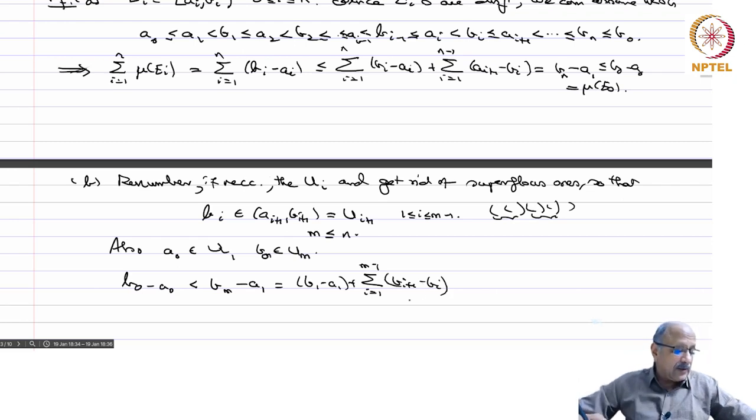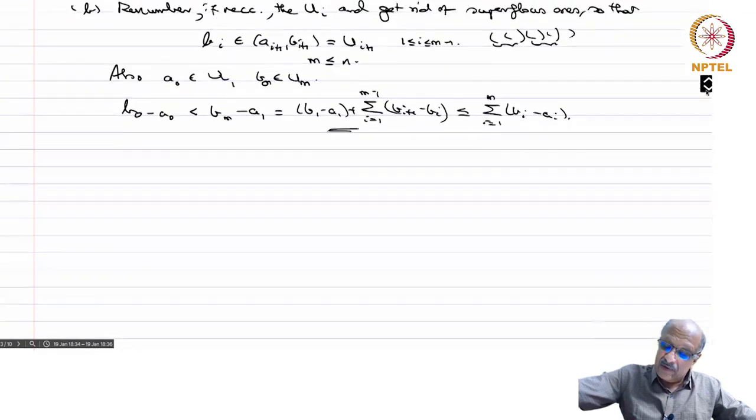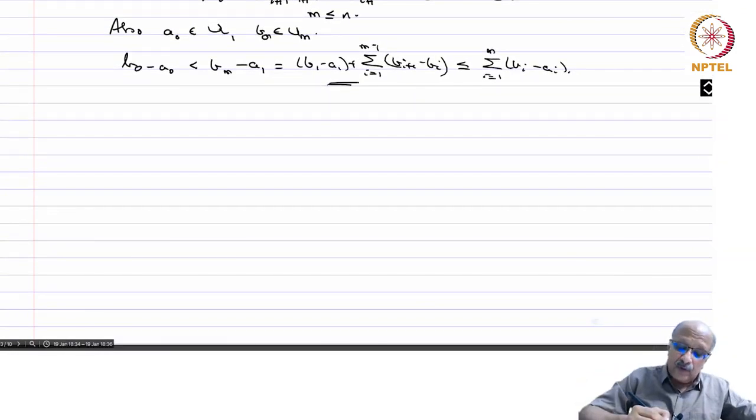So I am writing it as a telescopic sum, and that is less than or equal to the sum over i equals 1 to m of b_i minus a_i, because you have that b_i is contained in a_{i+1}. Okay, so that is why you get this, and therefore that proves this theorem. Okay, so this is the first technical lemma, which is really nothing. Just intuitively, if you drew pictures, the proof will be obvious.